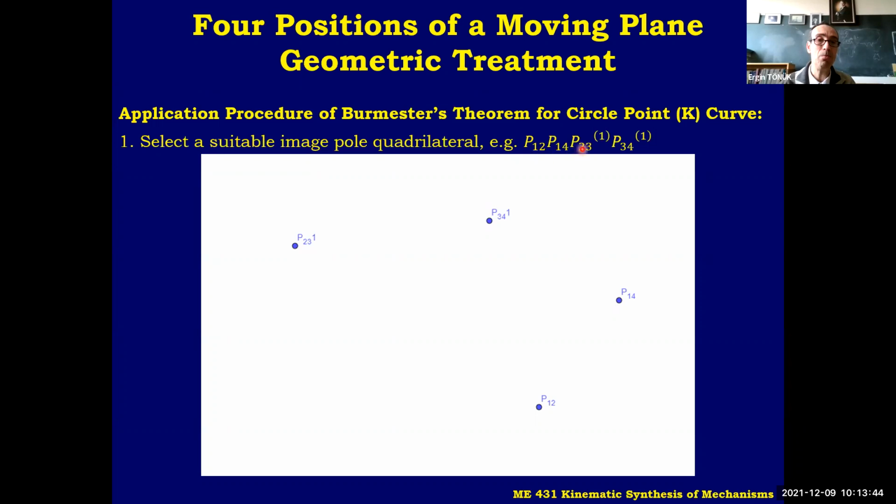P12, P23. I'm sorry, P12, P34 pair, and P14, P23 pair. But for the poles which do not have an index 1, I should find their positions in position 1.